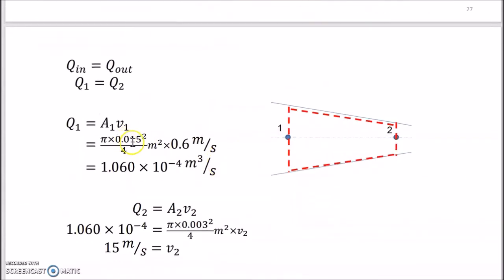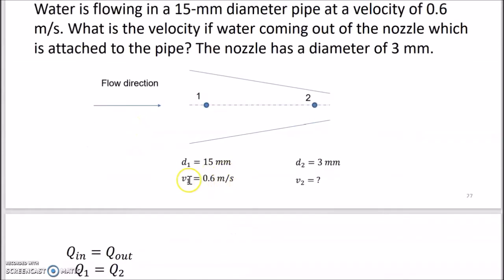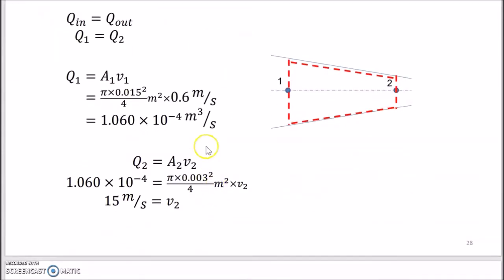We change mm to meters and calculate πd² over 4 times velocity 1, which is 0.6. Therefore we get the flow rate in Q1 equal to 1.06 × 10^-4 meter cube per second. Then we calculate Q equals A2 times V2.